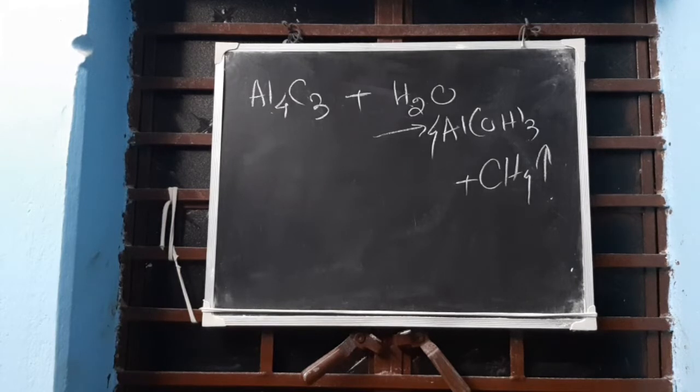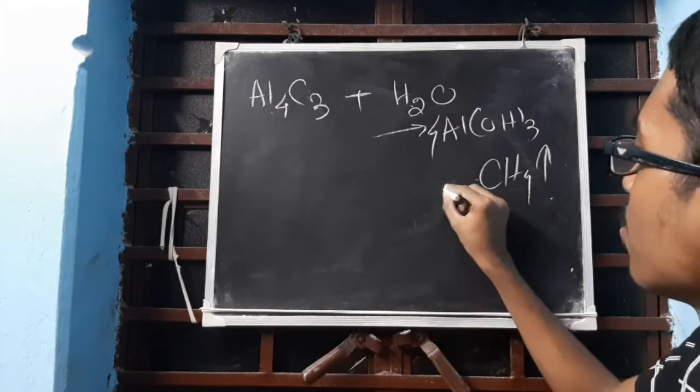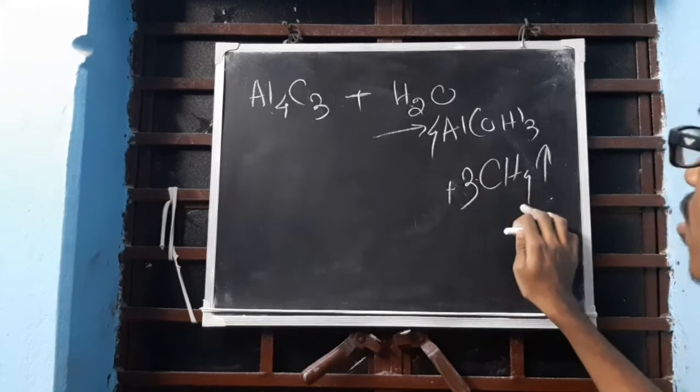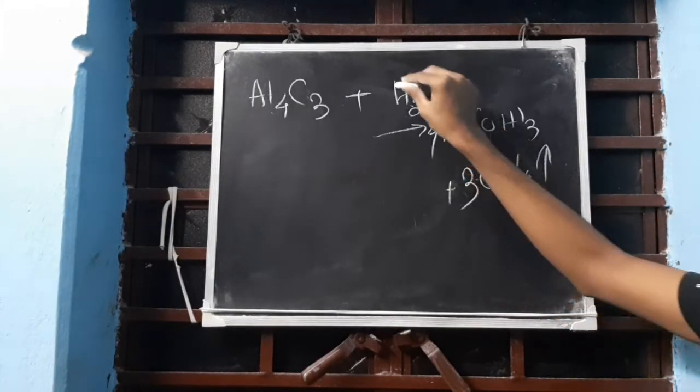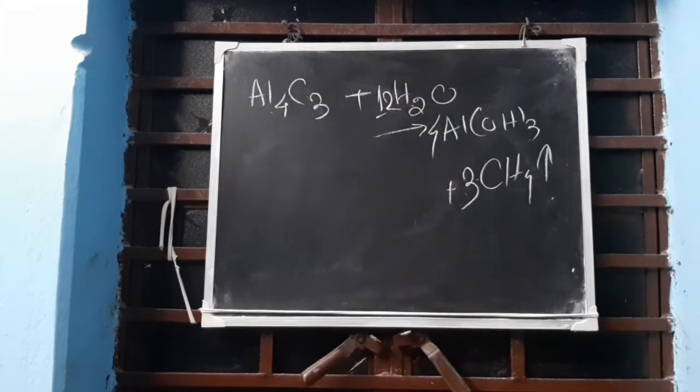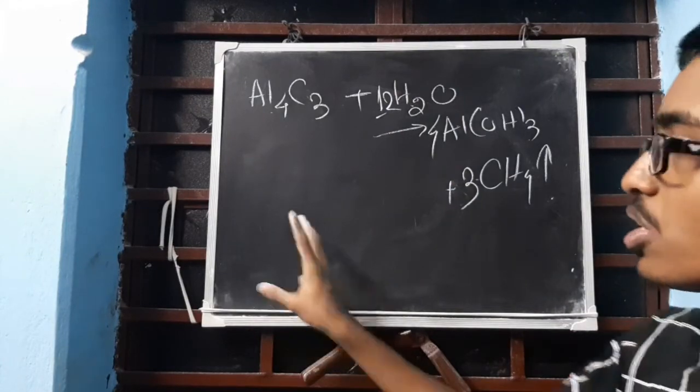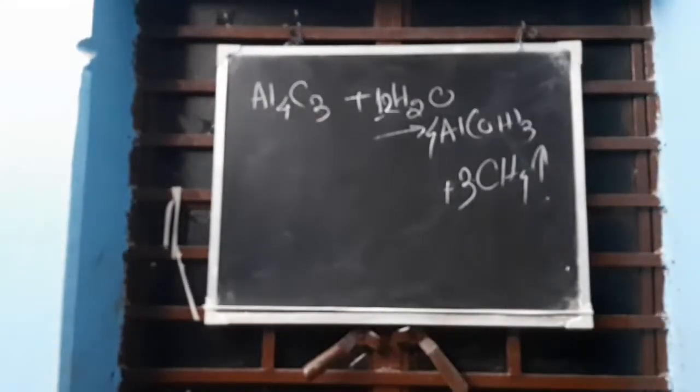I put 3, carbon will be balanced if I put 3 carbon. So this will become 12, this becomes 12. Done. Clear? Okay, done. So this is aluminum carbide.